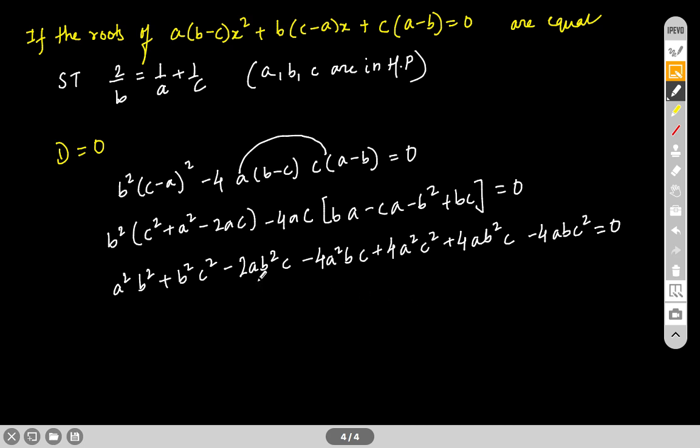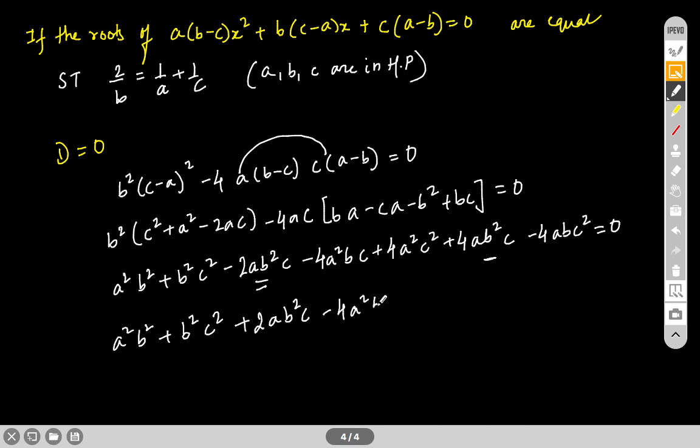I think this and this will be together. They are the same nature. So a square b square c square plus 2a b square c, and any other term getting modified? Nothing.